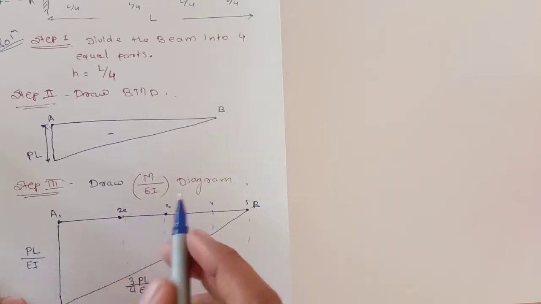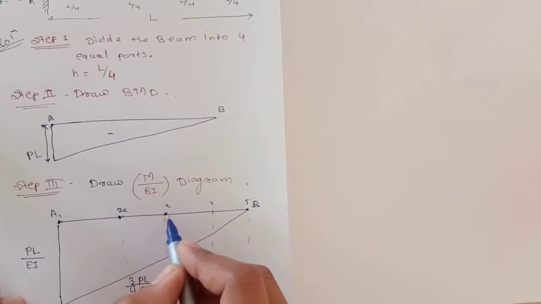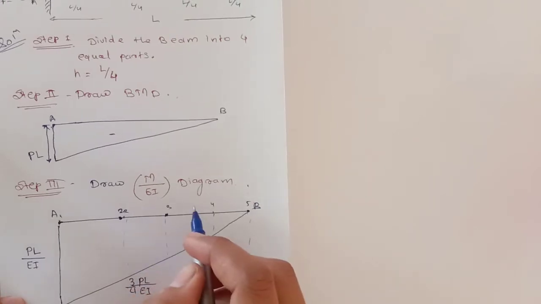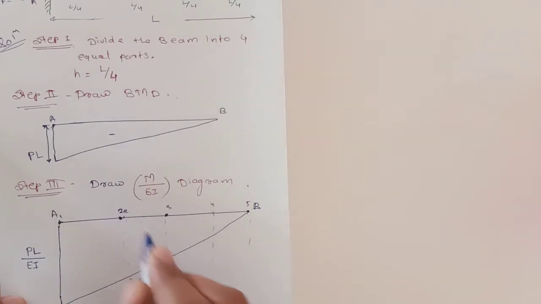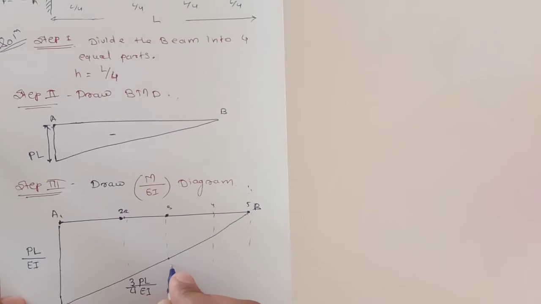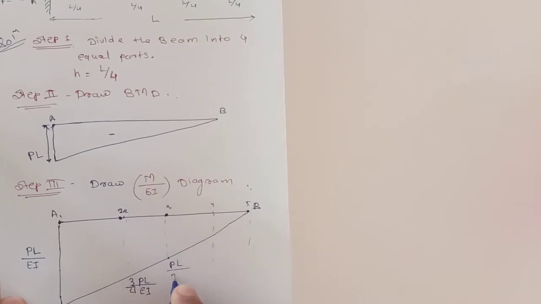From point B to the third nodal point the distance is L by 2, so the M upon EI value is PL by 2EI, that is half length.